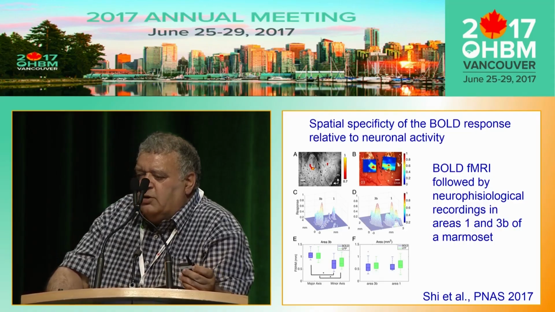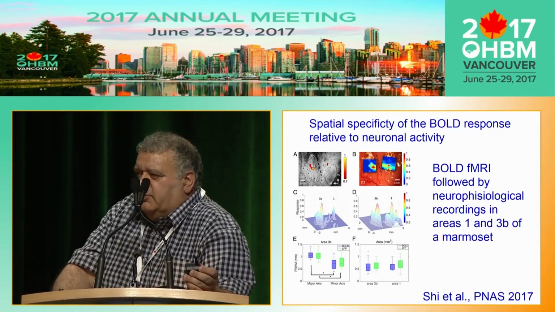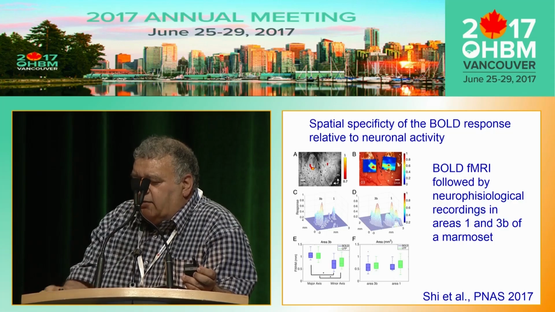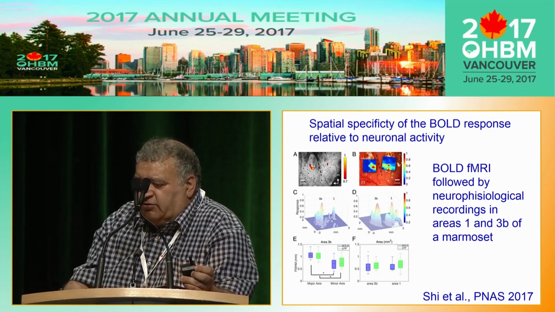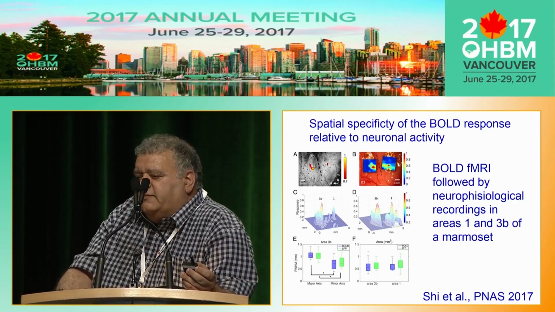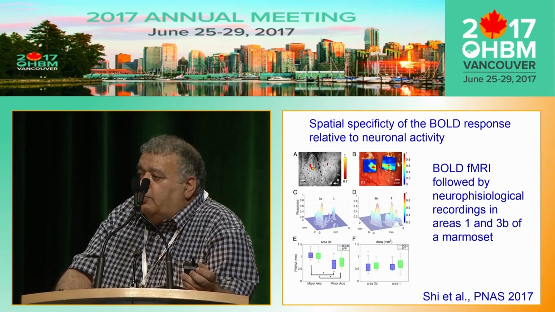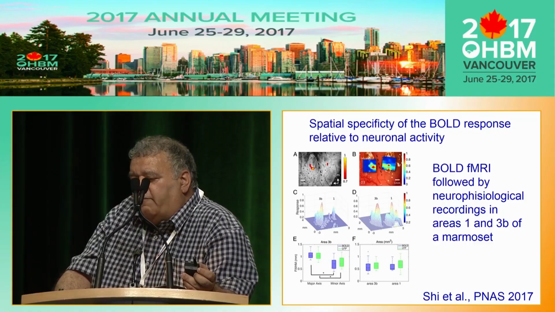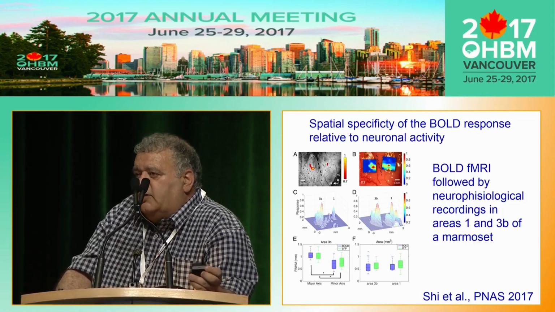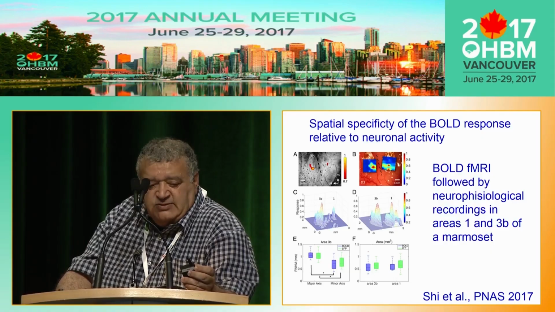What they show is that the profile of the response to BOLD and neurophysiological activity is very similar. If they measure, at the bottom left, the full width at half max of the point spread function, they get for both BOLD and local field potential about 1 millimeter, assuming that the point spread function is a Gaussian.